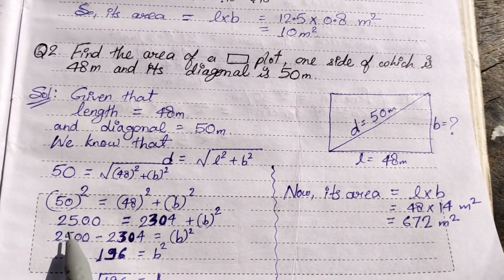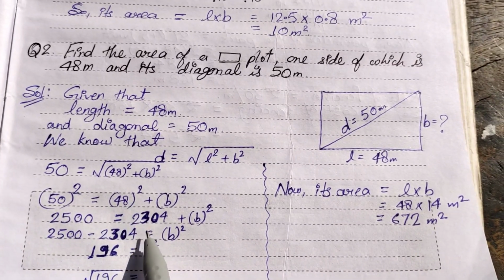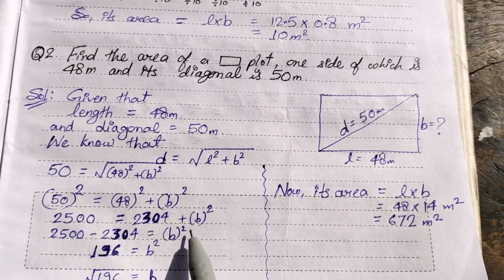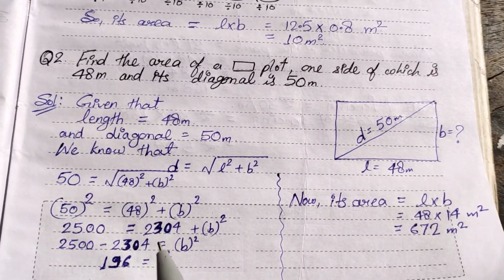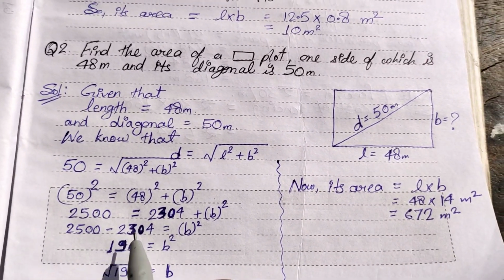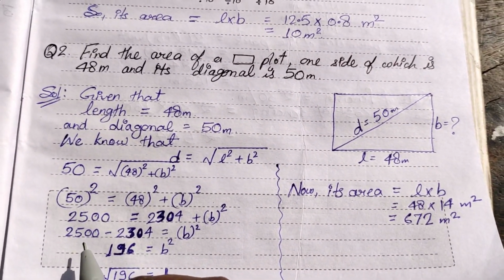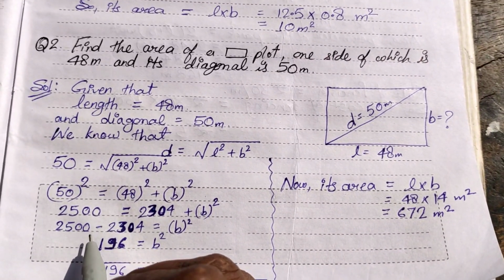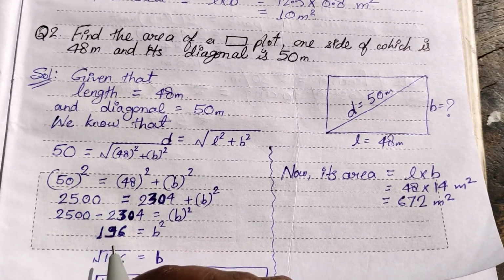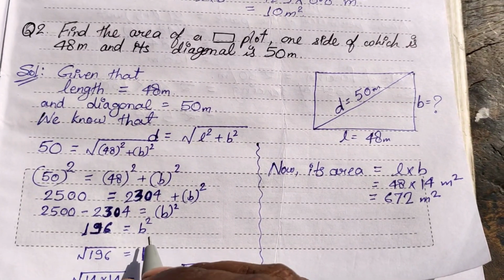So square of 50 is 2500, square of 48 is 2304 plus breadth square. So transfer this 2304 to the left side, we have to minus it, because transferring to the left side will convert it into negative. So subtract it, we have 196 is equal to breadth square.